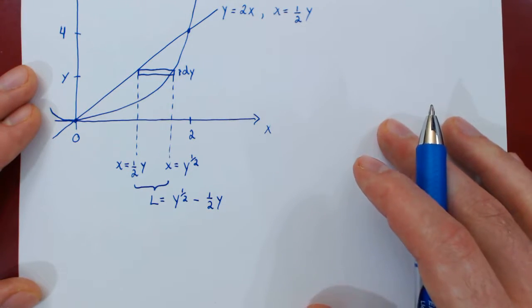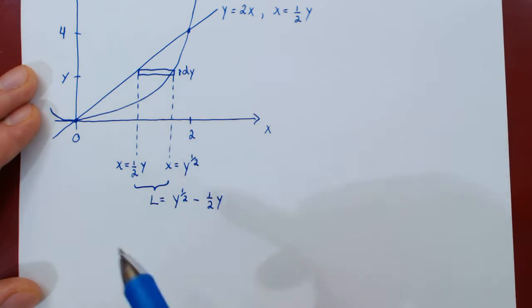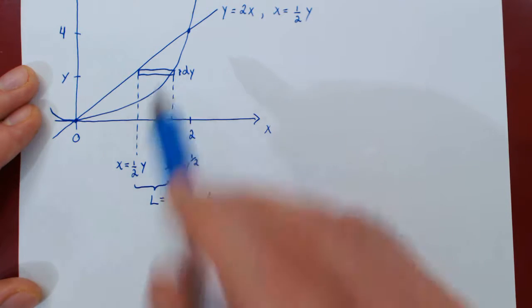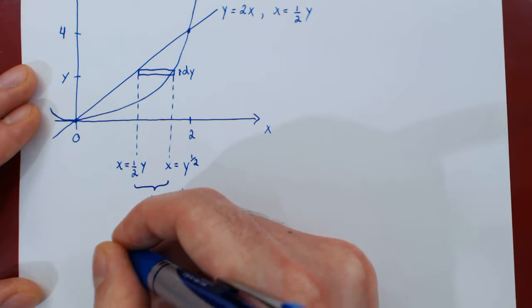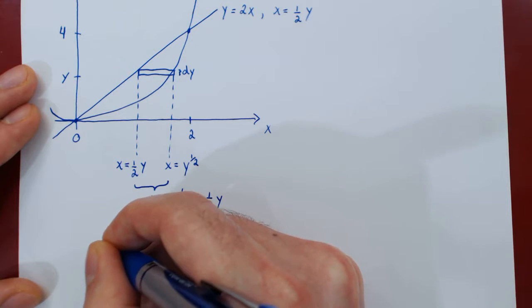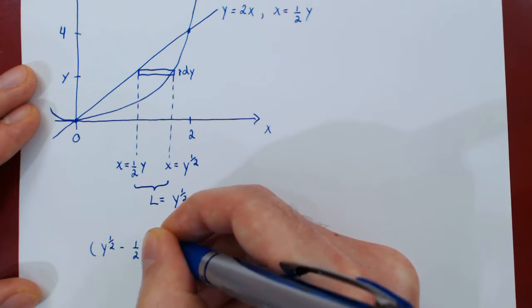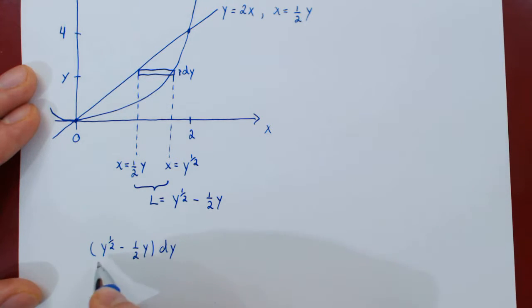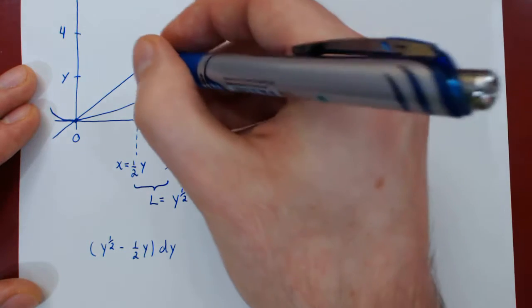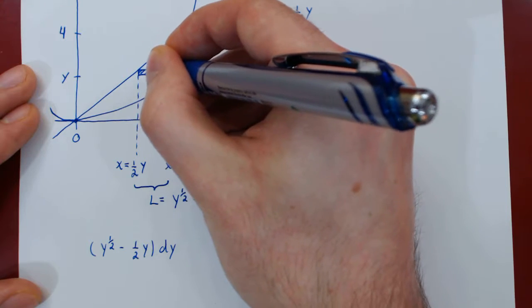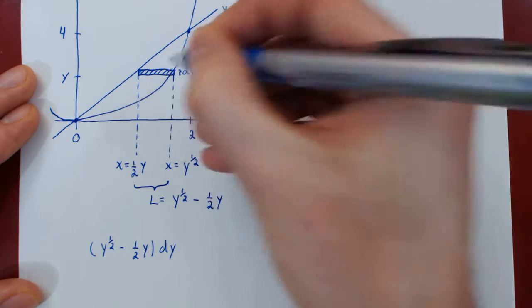So the area of an infinitesimal rectangle is the length times the width. So we obtain y to the 1/2 minus a half y, times dy, length times the width of the rectangle. We now have the area of an infinitesimal rectangle.